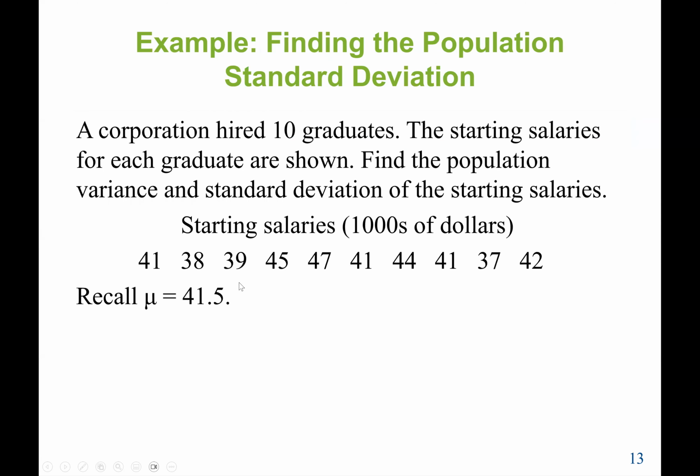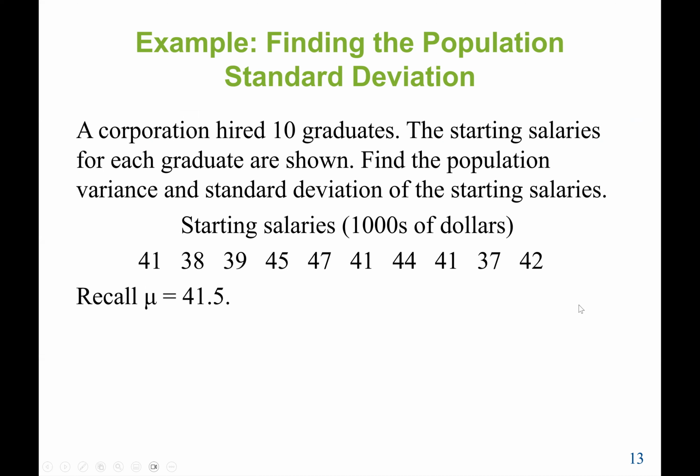So let's use the same example here. We have 10 graduates with their 10 starting salaries. This time we are going to find the population variance and also the standard deviation of the starting salaries. So we already found the mean to be 41.5 in our previous slide.